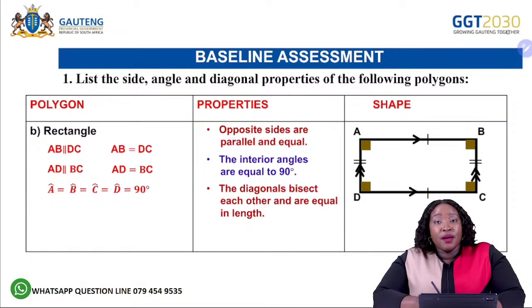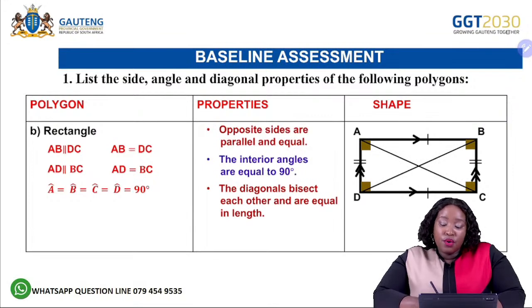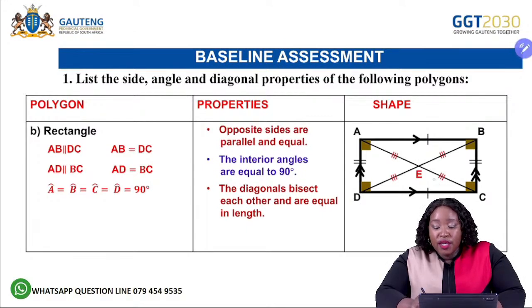Now we discuss the diagonals. The diagonals bisect each other and they are also equal, right? So that means they cut each other in half where they meet, and also all the segments of these diagonals will be equal. So if we had point E there, AE is equal to EC, this side would be equal to EB, and we can also have DE equal to EC.